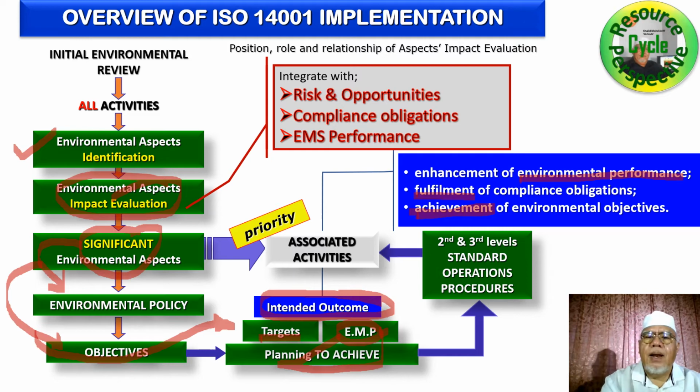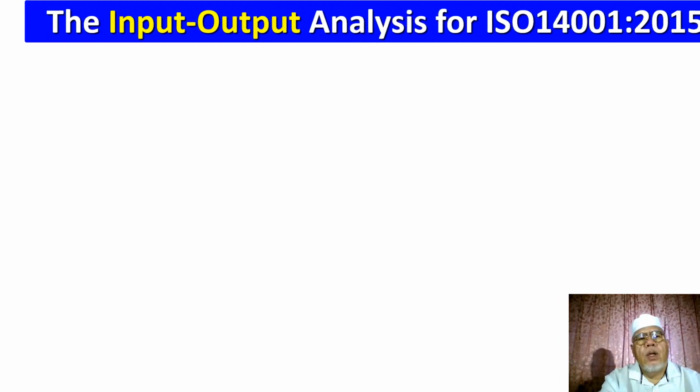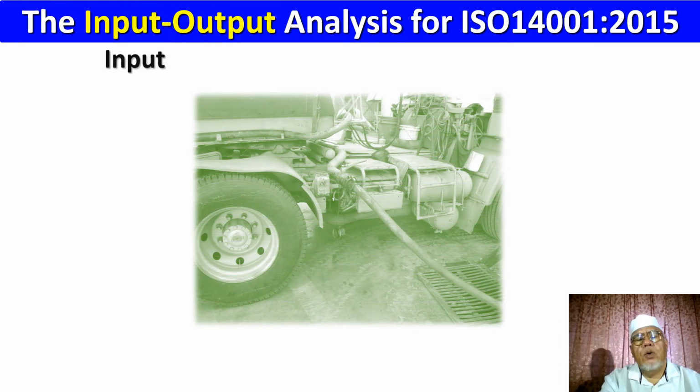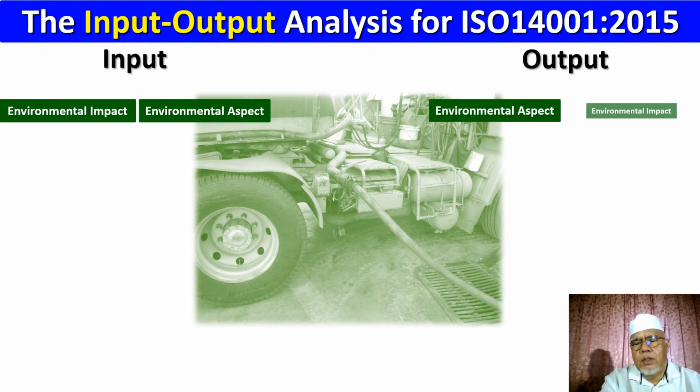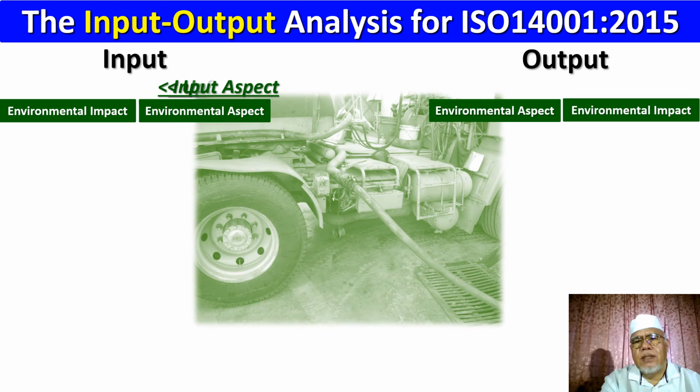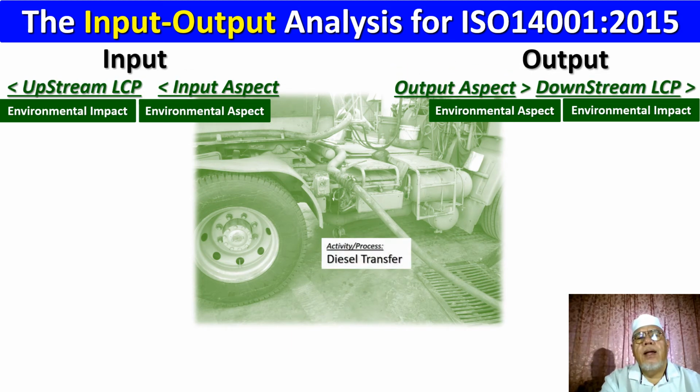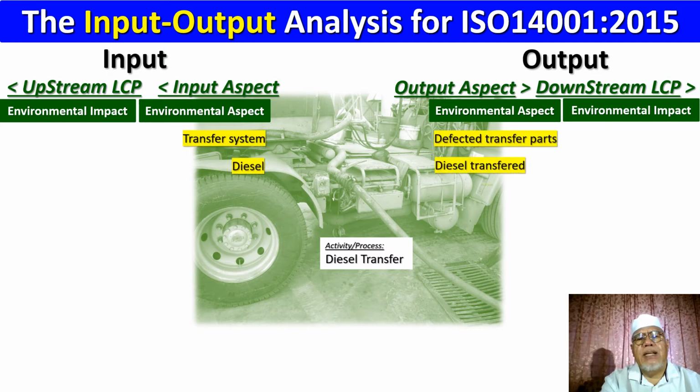Okay, now let me show you how we arrive at the diesel spill kit. It is through a methodology called input output analysis. It's actually derived from mechanical engineering. This is the process, diesel transfer. And we have identified the major environmental aspects.